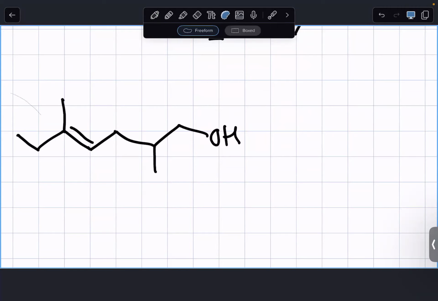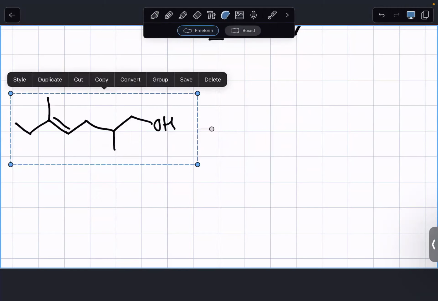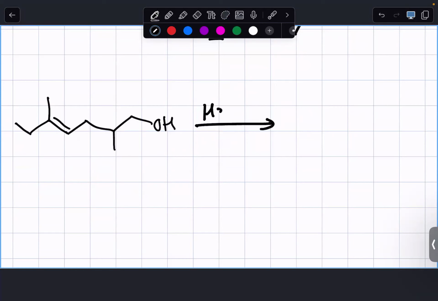And we put this under H2SO4 and heat. Okay, try this one for 2 to 3 minutes.